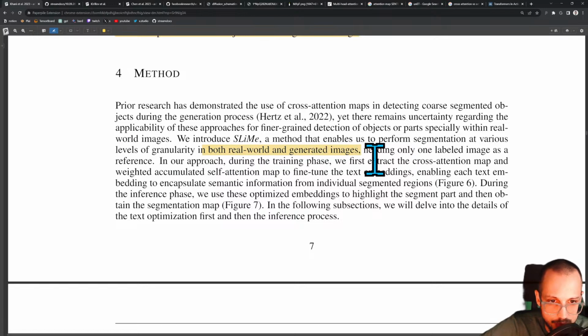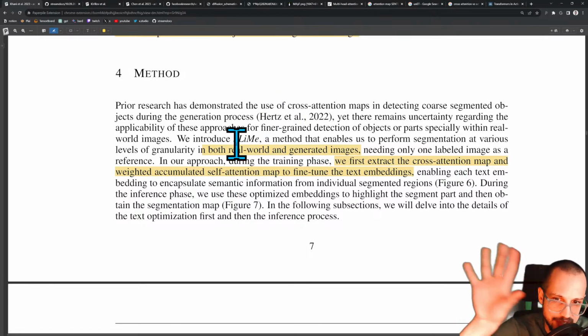During our training phase, we first extract the cross-attention map and the weighted accumulated self-attention map to fine-tune the text embeddings, enabling each text embedding to encapsulate semantic information from individual segmented regions. During the inference phase, we use these optimized embeddings to highlight the segmented part and then obtain the segmentation map. Okay, so it seems like basically they're going to be pushing the optimization process, right?